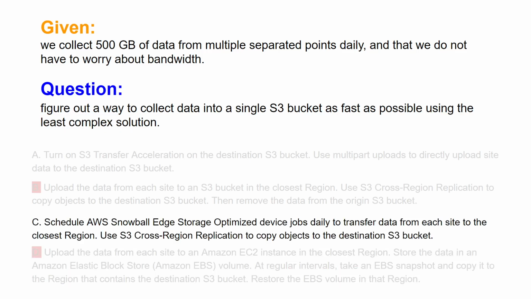Let's move on to option C, and just by reading the first few words, we can eliminate this option since it makes use of AWS Snowball, which, for those who don't know, works by storing the data on a physical disk and having that disk be delivered to you.